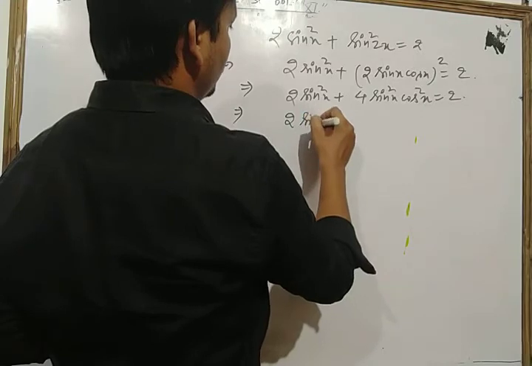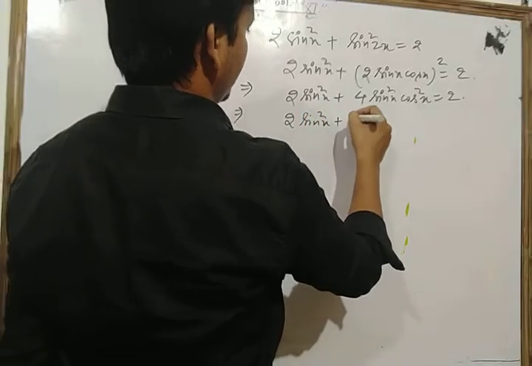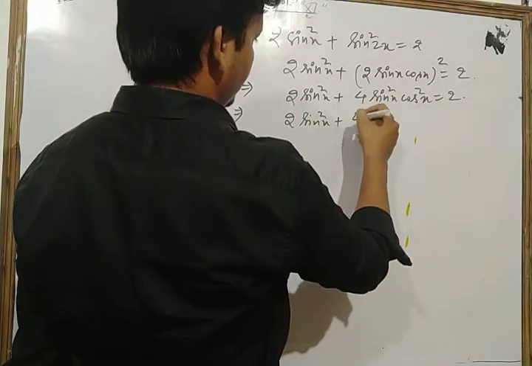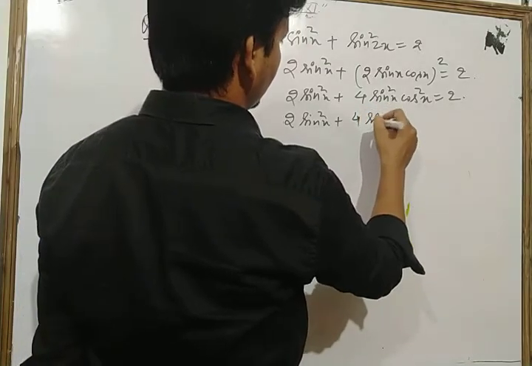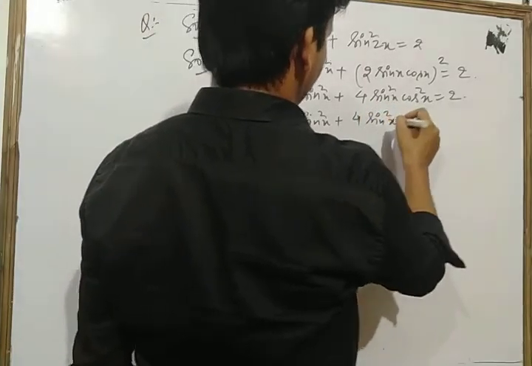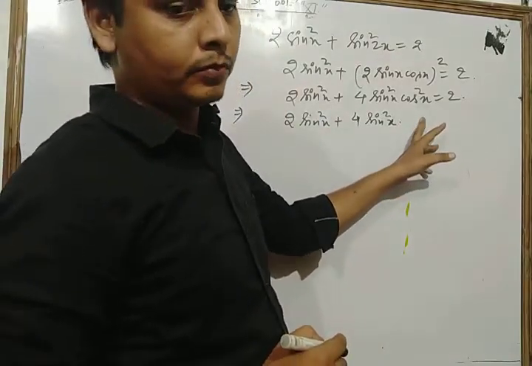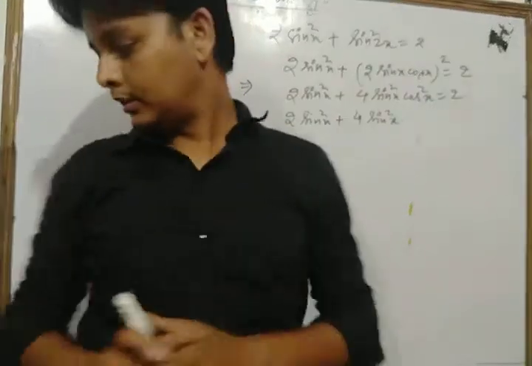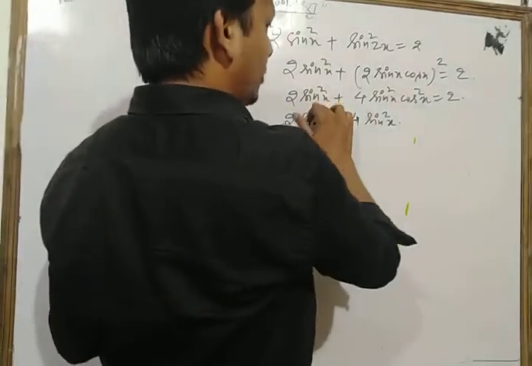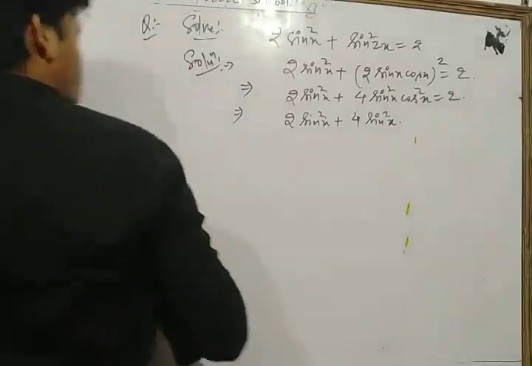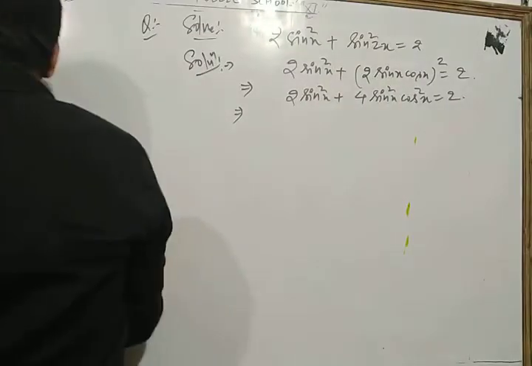Now let's see, 2 sin square x plus 4 sin square x into cos square x. Here we take 2 as common, then we get what? Let's see. First we simplify that value.